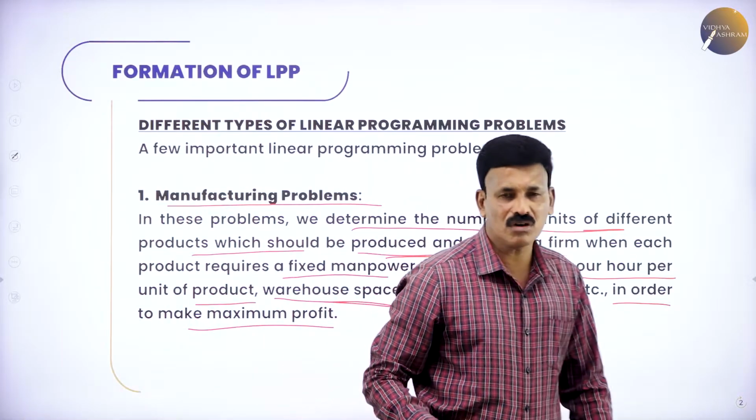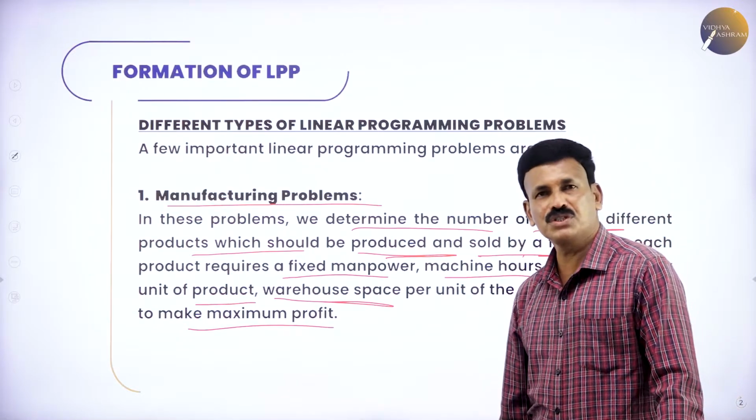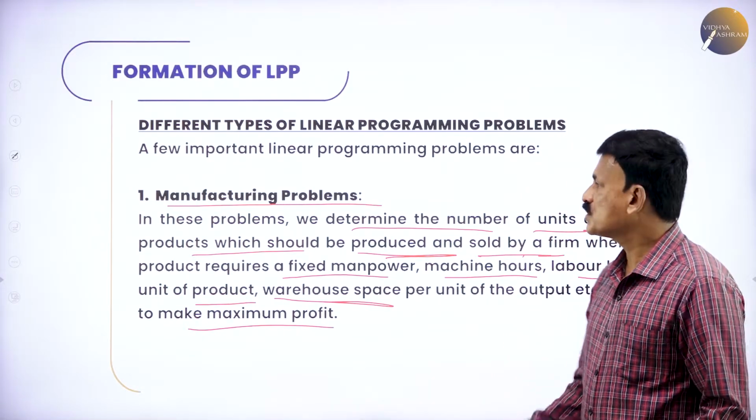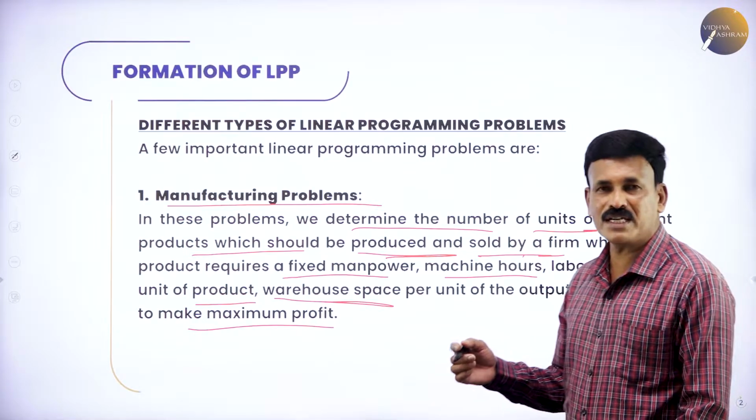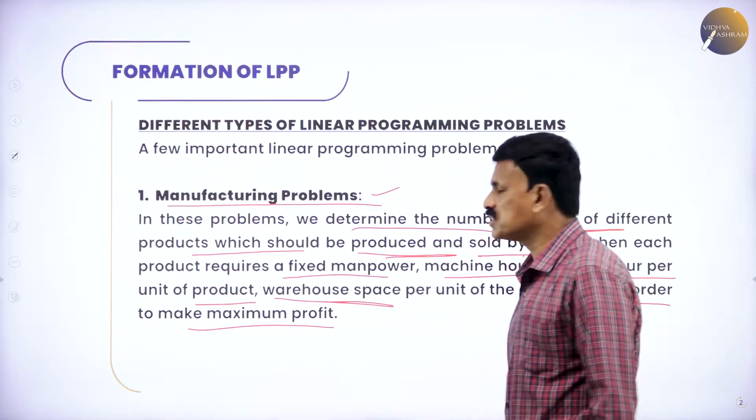So utilizing all the availabilities and minimum availabilities, we are going to get the maximum profit. To formulate such a maximum profit, we are dealing with this manufacturing problem.